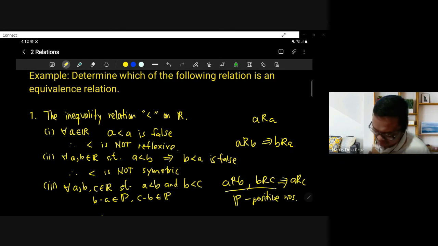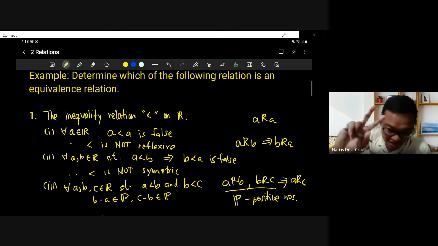So, meron akong positive number B minus A tsaka C minus B. Right? Dalawang positive number. Pag nag-add ka ng dalawang positive number, ang sagot ba positive din? O negative na? O zero? Two positive numbers, i-add mo, ano sagot? Positive pa din, di ba?